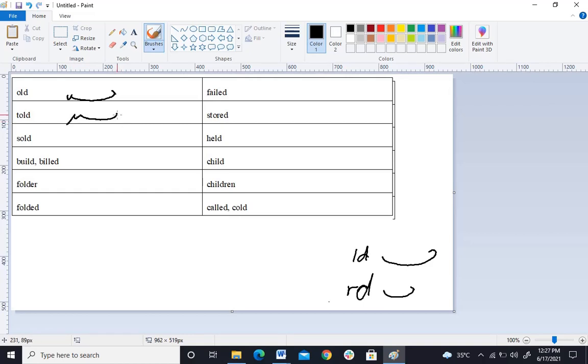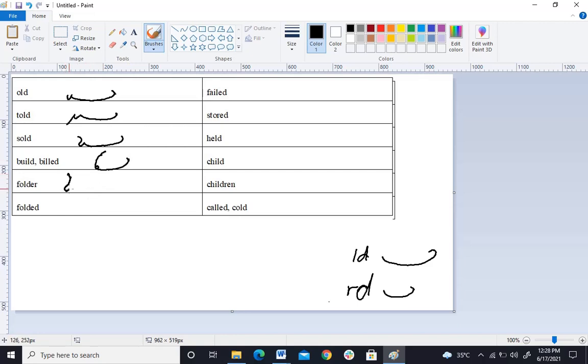And then "sold". And then we have "build": B-E-L-D.